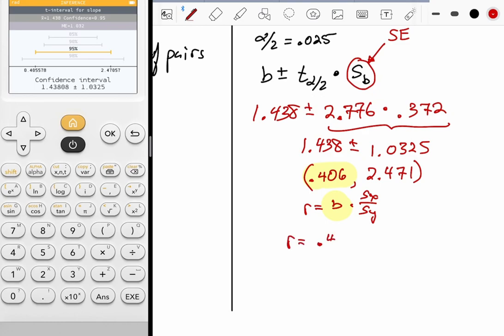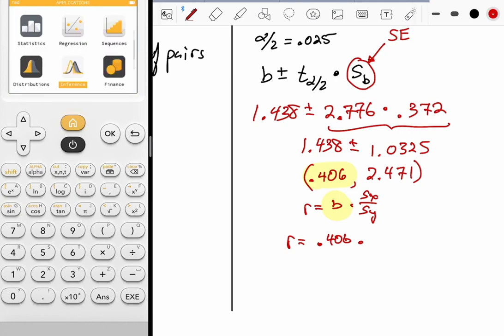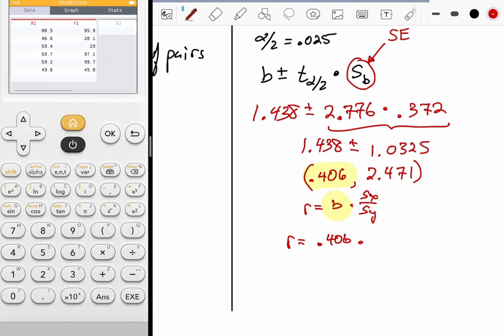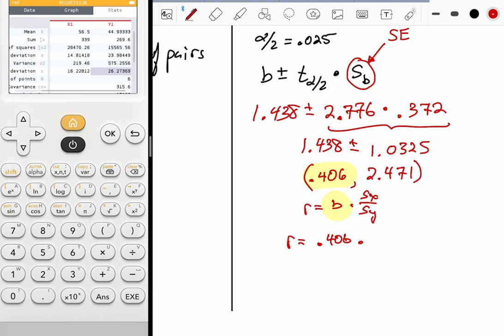So I'm going to do 0.406 times, I have to go back to the regression app, grab my SX over SY. So that's the standard deviation for the X variable, 16.228, divided by 26.274.